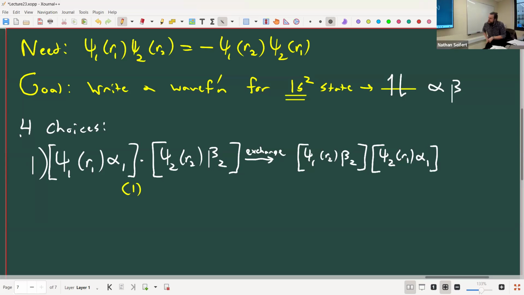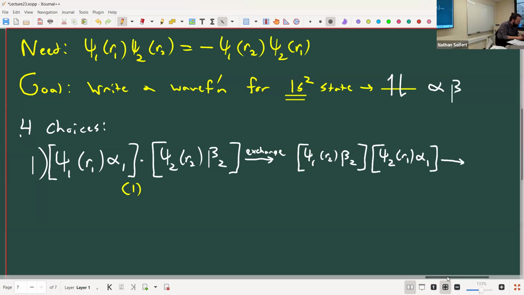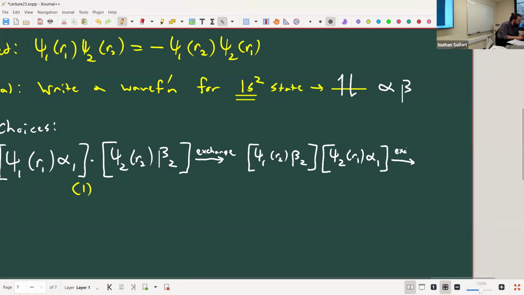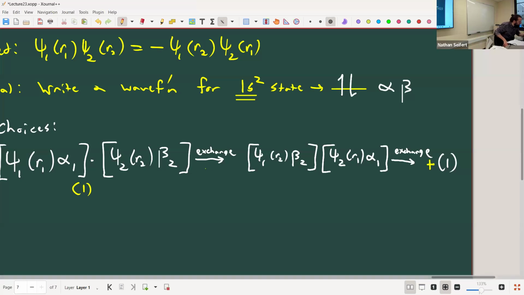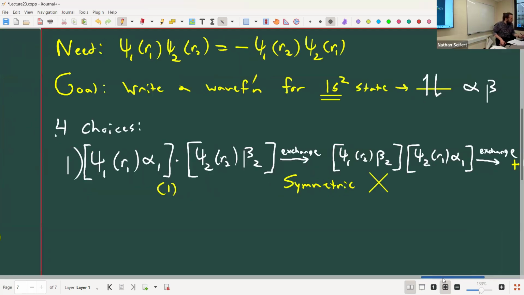So we flip the electrons, right? And how do I get back to this one? Well, all I do is rearrange everything. Now I can exchange again, and I get 1 again. Right? I don't get a minus sign. Sorry, I don't want plus or minus there. I wanted to underline that plus. So this is symmetric. So that doesn't work.